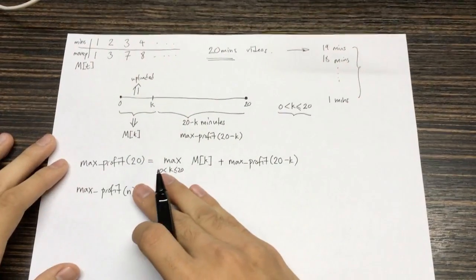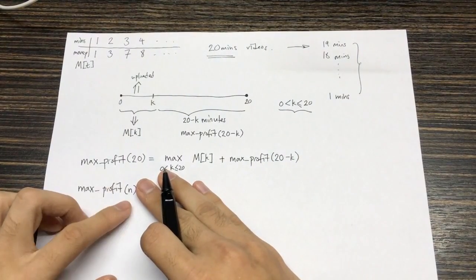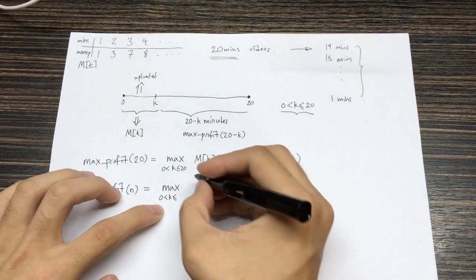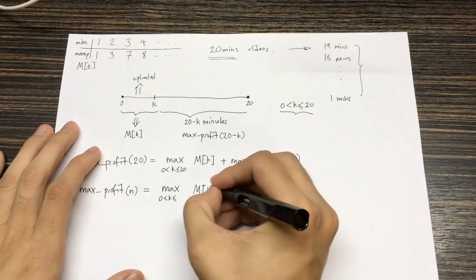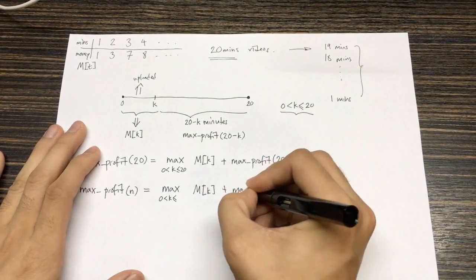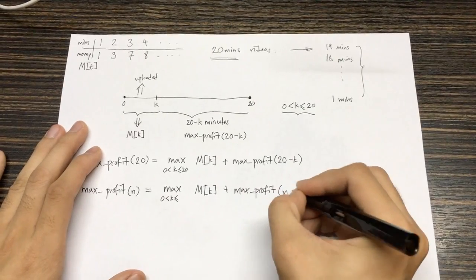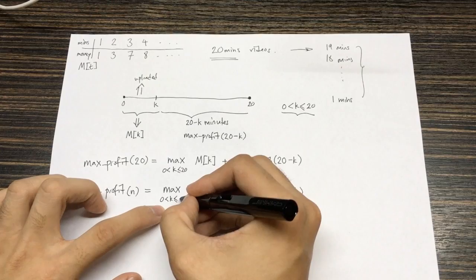And if I want to find the maximum profit that I can make from n minutes worth of footage, this will be the same as finding the maximum amount of the first video having k minutes long plus the maximum profit for the rest of the chunk, or n minus k, as we vary k from 0 to n.